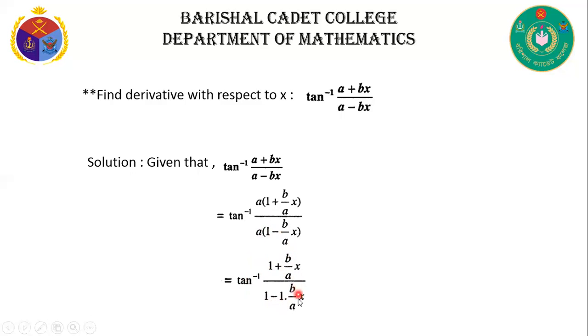Then we can write tan inverse of (1 plus b by a x) into (1 minus 1 into b by a x), because we know tan inverse of (x plus y) divided by (1 minus xy) is equal to tan inverse x plus tan inverse y. Now applying this formula here, again I repeat, tan inverse (x plus y) divided by (1 minus xy) can be written as tan inverse x plus tan inverse y.